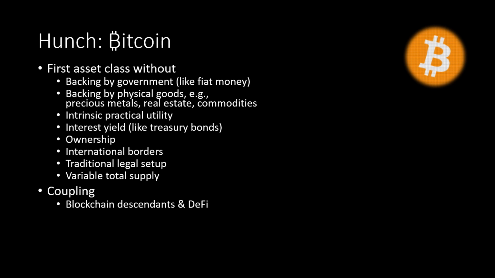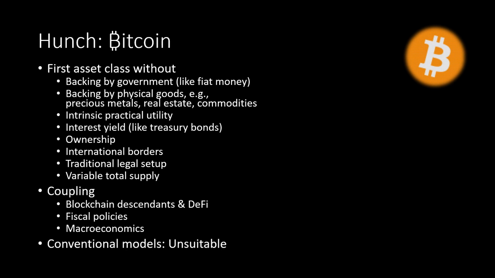Its coupling to its blockchain descendants, and in particular the DeSci ecosystem, is still to be investigated. Then there's its dependency on fiscal policy: we see a correlation between the value of Bitcoin and certain policies, interest rates and so on, that are imposed and announced by central banks, and the development of the Dow Jones Index, for example, and its coupling to macroeconomics.